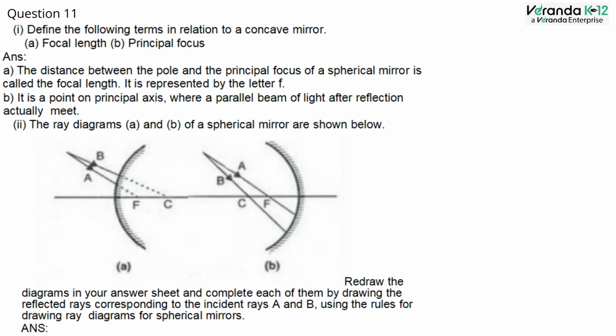Question number 11, subdivision question 2. The ray diagrams A and B of a spherical mirror are shown below. Redraw the diagrams in your answer sheet and complete each of them by drawing the reflected rays corresponding to the incident rays A and B using the rules for drawing ray diagrams for spherical mirrors. Diagram A, convex mirror, light ray A. Answer.